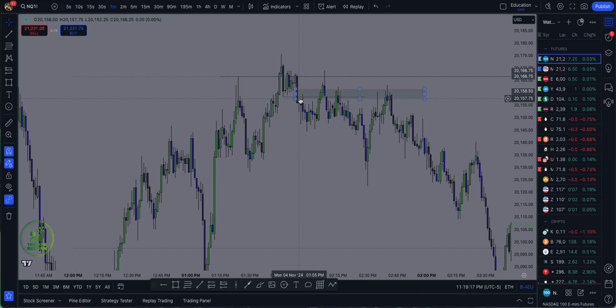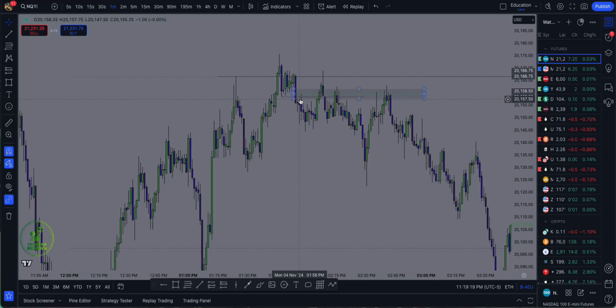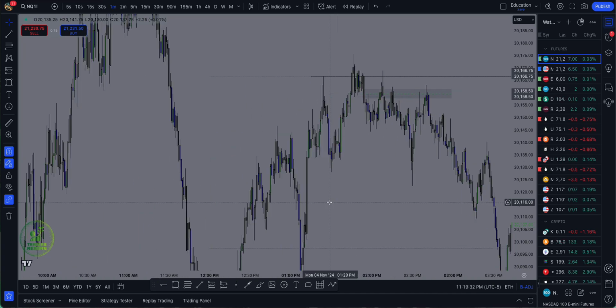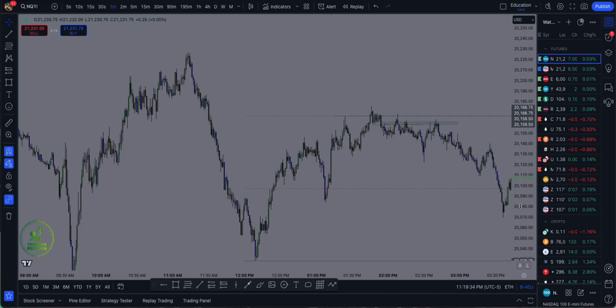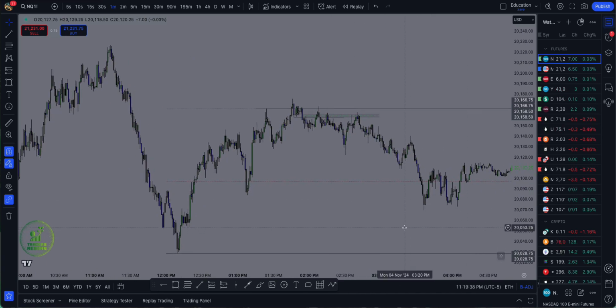I probably would have taken it right away, but lately I've been watching to see a reaction to make sure I'm taking it in there. Stop loss at the highs, the high before right here, the high that took it. It was like 200-something ticks. Let's see.